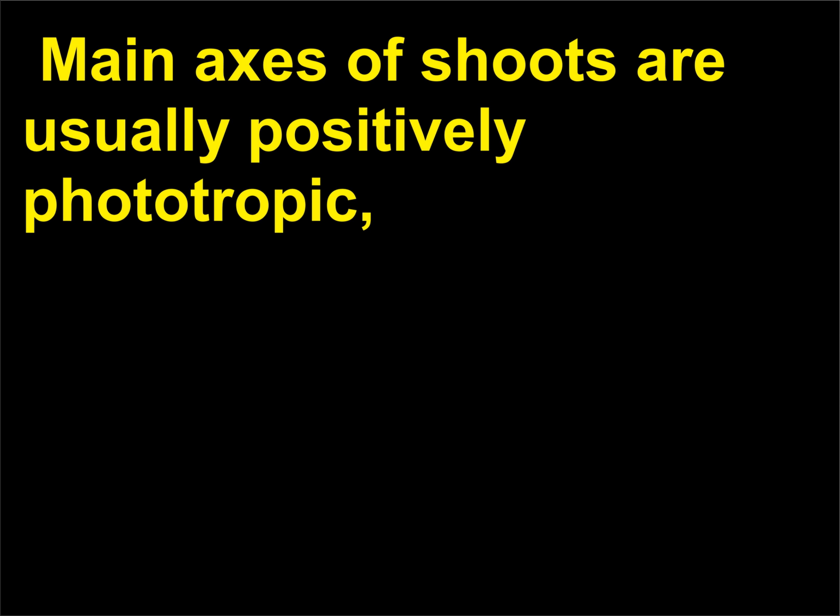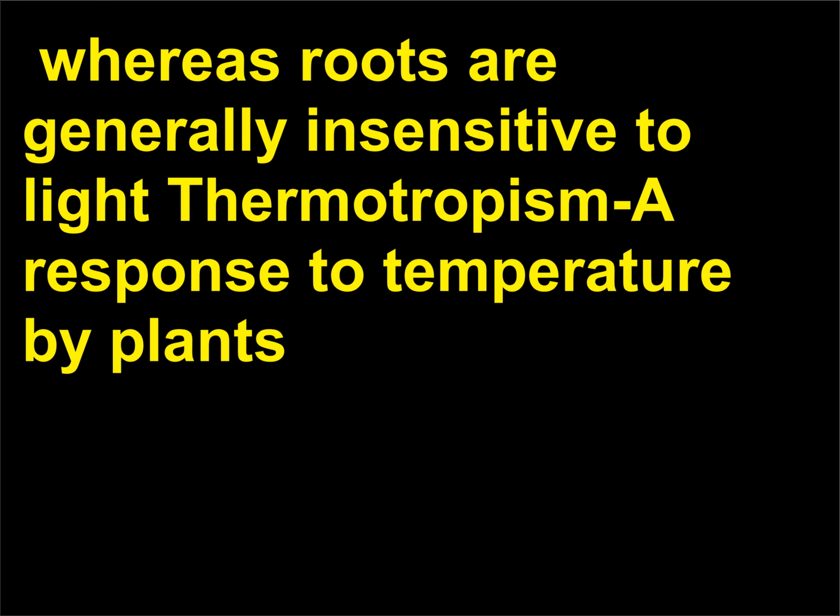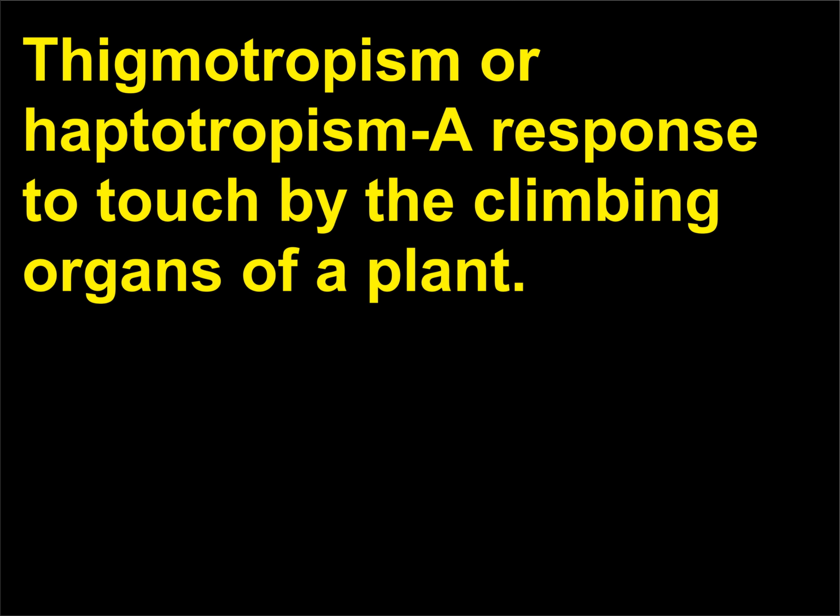Main axes of shoots are usually positively phototropic, whereas roots are generally insensitive to light. Thermotropism, a response to temperature by plants. Thigmotropism or haptotropism, a response to touch by the climbing organs of a plant.